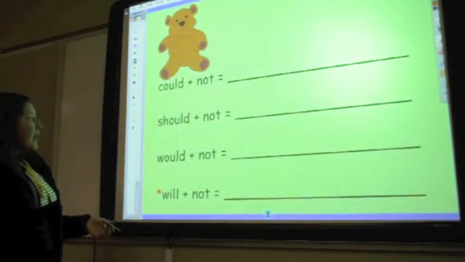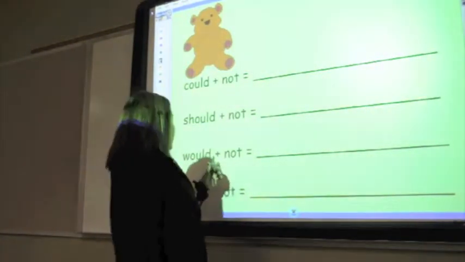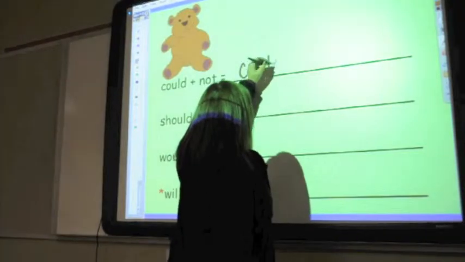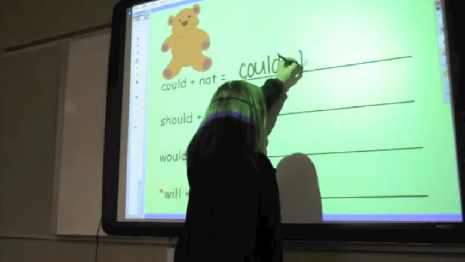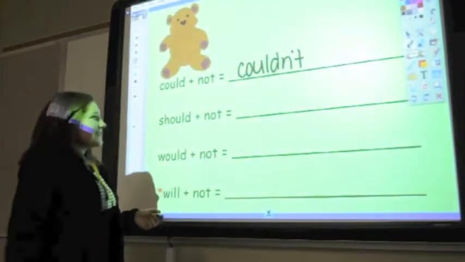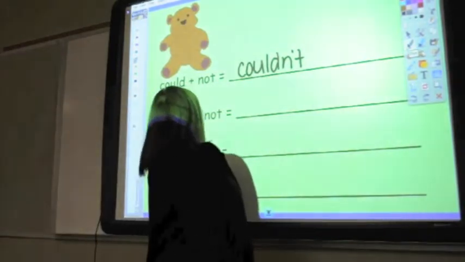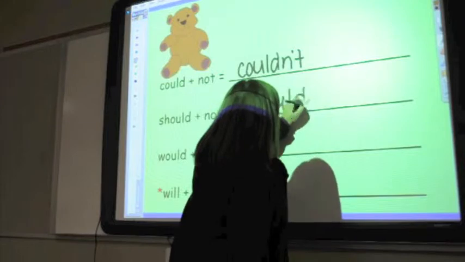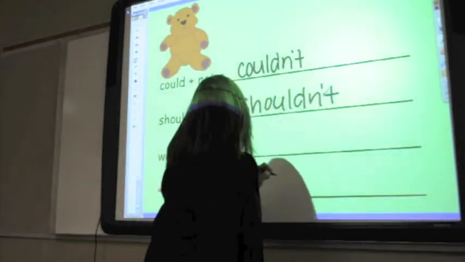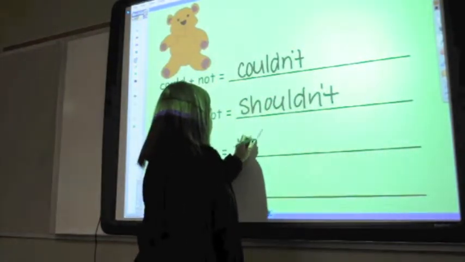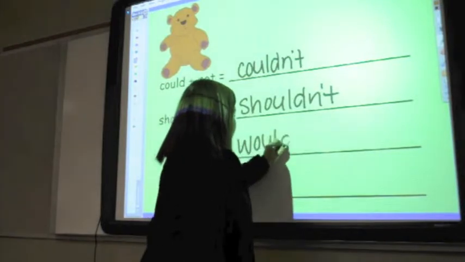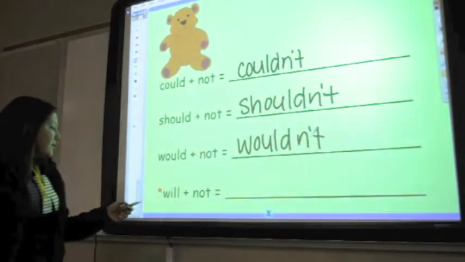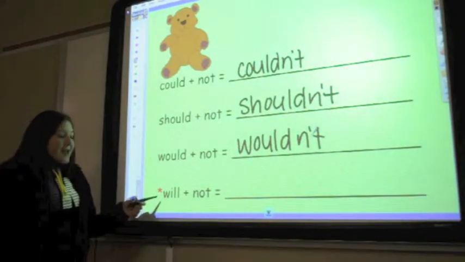And then here are just some more. These ones get kind of trickier, so we would do could in the same way. So couldn't, shouldn't, for should not, and would not is wouldn't. And now this one we have to be really careful, so I put a star by it.